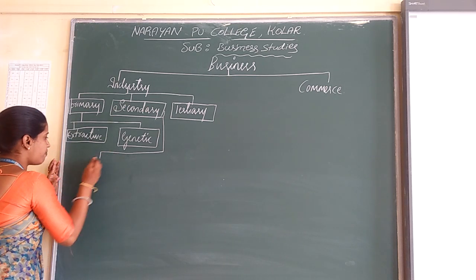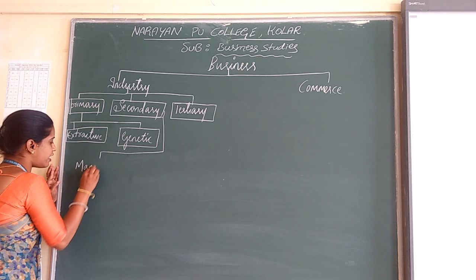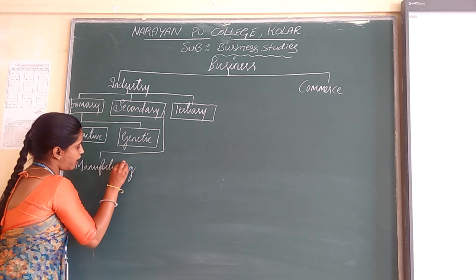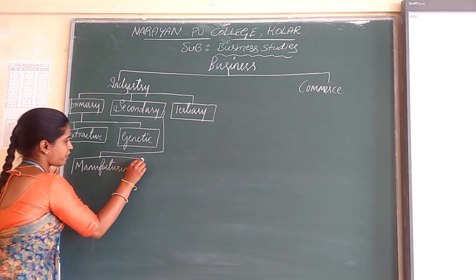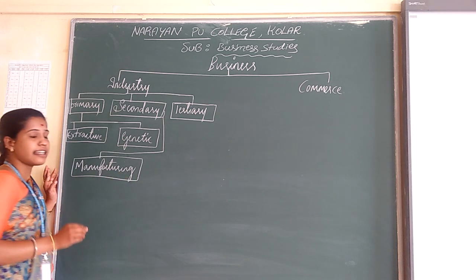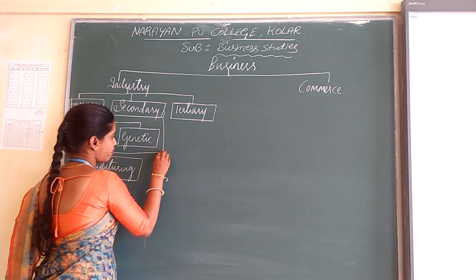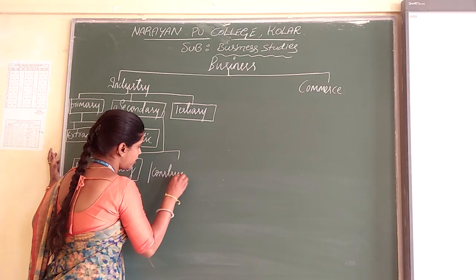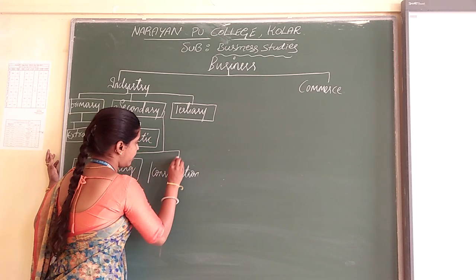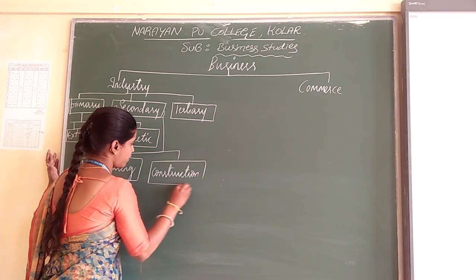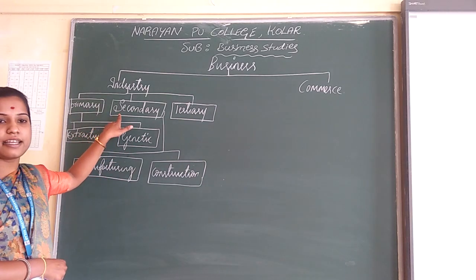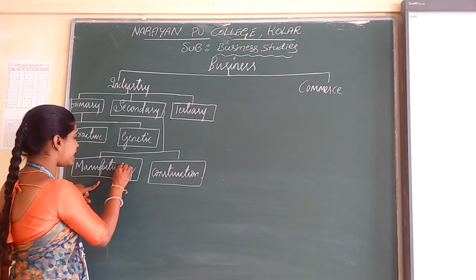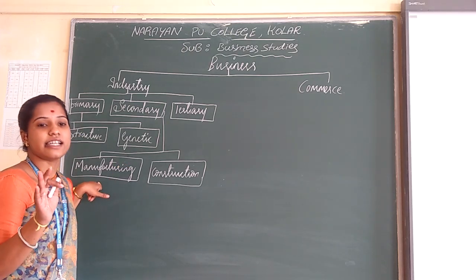The first one is manufacturing industry, and the second one is construction industry. So secondary industry can be classified into two types: manufacturing industry and construction industry.